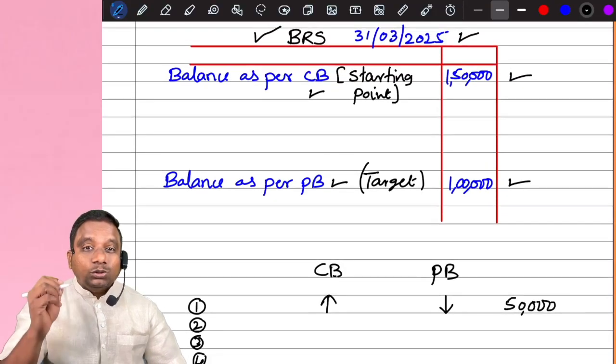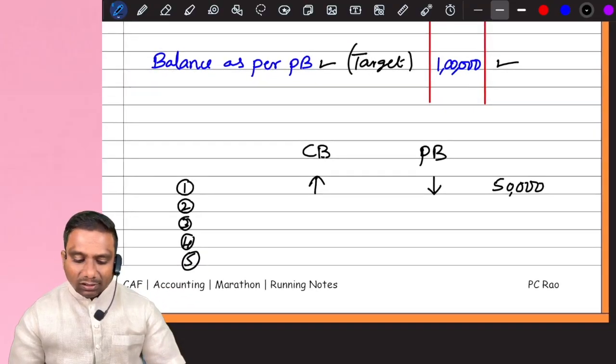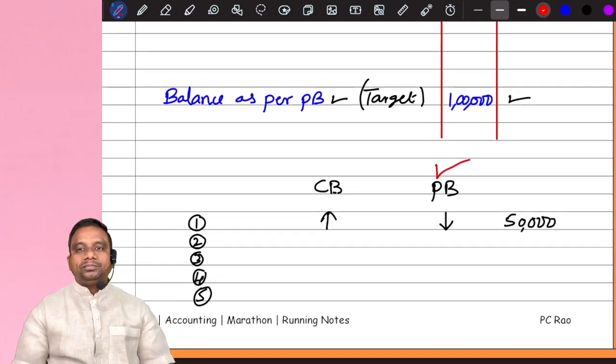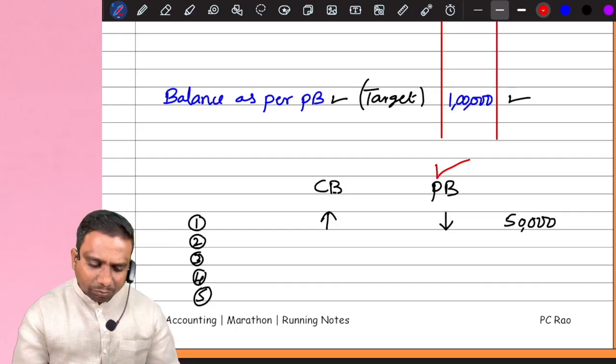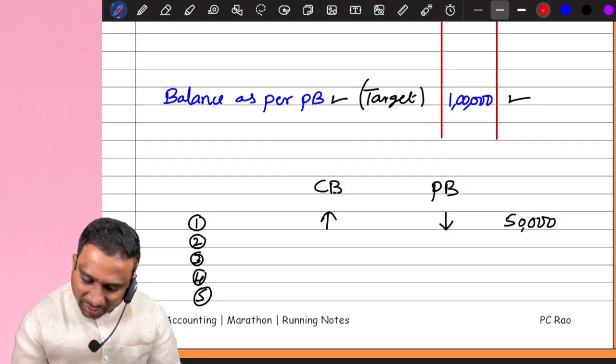Now when you start with cash book balance, which book balance do you get? Sir, passbook balance. Just tick on that, which book balance we need, or else simply make a box on it.